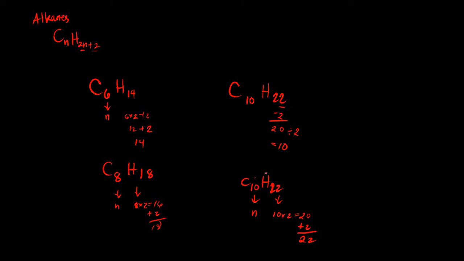Okay, so this is how you write the molecular formula for alkanes. And this is the general formula, CnH2n+2. Try some examples for yourselves. C15H, it's 32.